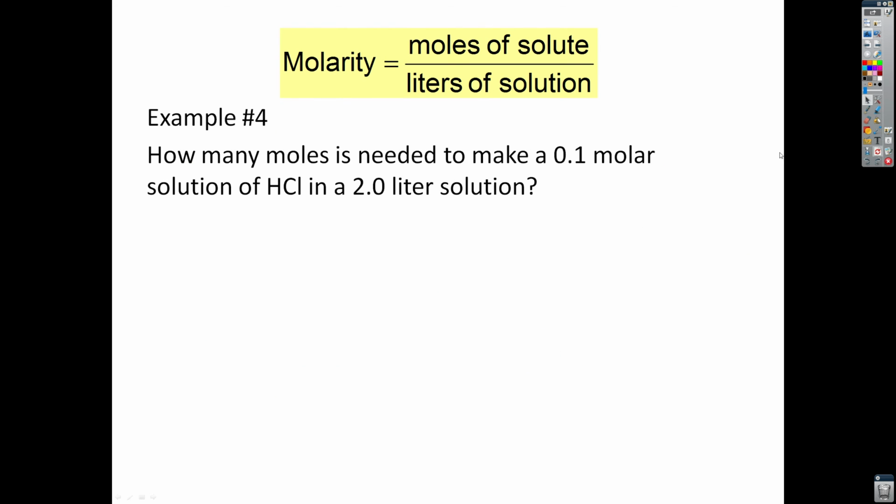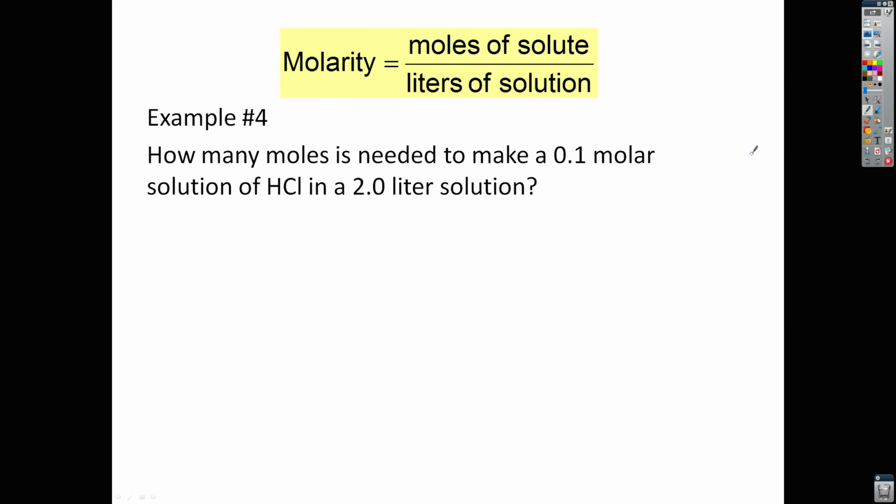Okay, example number 4. How many moles are needed to make a 0.1 molar solution of HCl in a 2-liter solution? So here I'm given molarity, 0.1 molar. I'm given my volume, which is 2 liters. I'm looking for moles of solute.